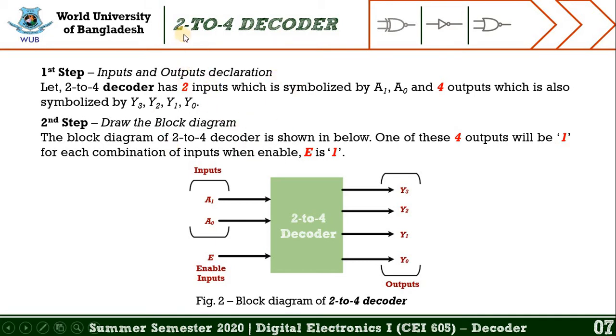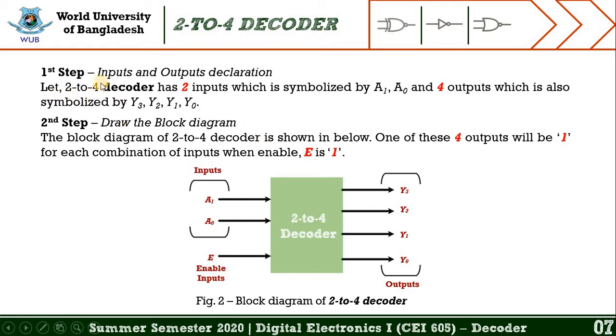If you focus on the previous lecture and the first 2-3 slides of this lecture, you may find the difference between encoder and decoder. In 2 to 4, 2 represents the number of inputs and 4 represents the number of outputs. So let's start how to design a 2 to 4 decoder.